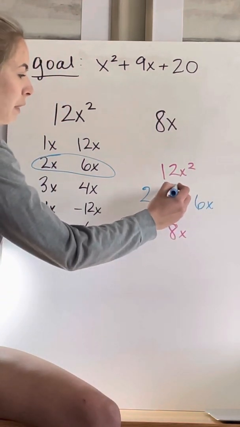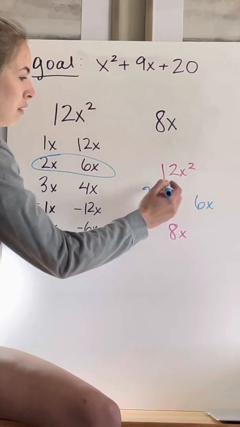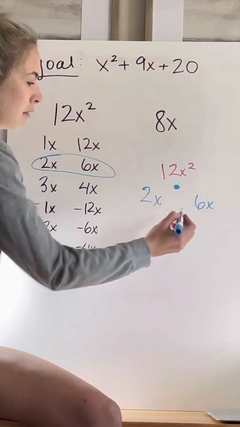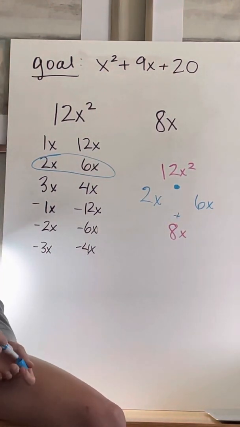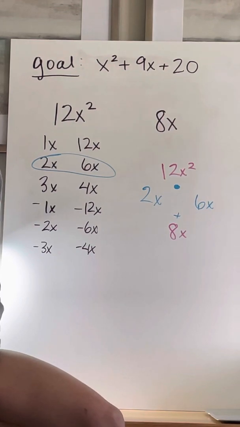Because these multiply to get our 12x squared, and they add to get our 8x. So those are the two terms, and this is a way that you're going to use in the future to help us with factoring using the grouping method.